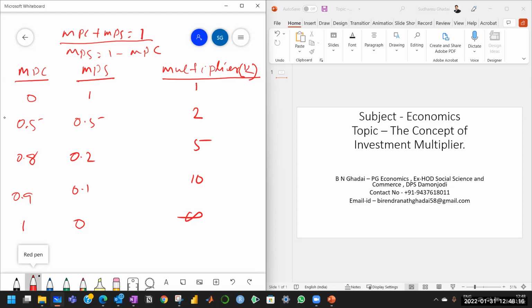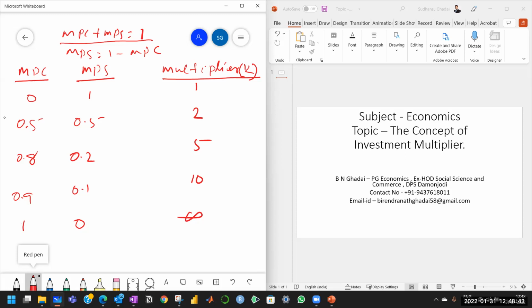So it is proved that the value of multiplier is directly related to the value of MPC. Please understand this. At the same time, the value of multiplier is inversely related to the value of MPS, marginal propensity to save. It is a negative relation.